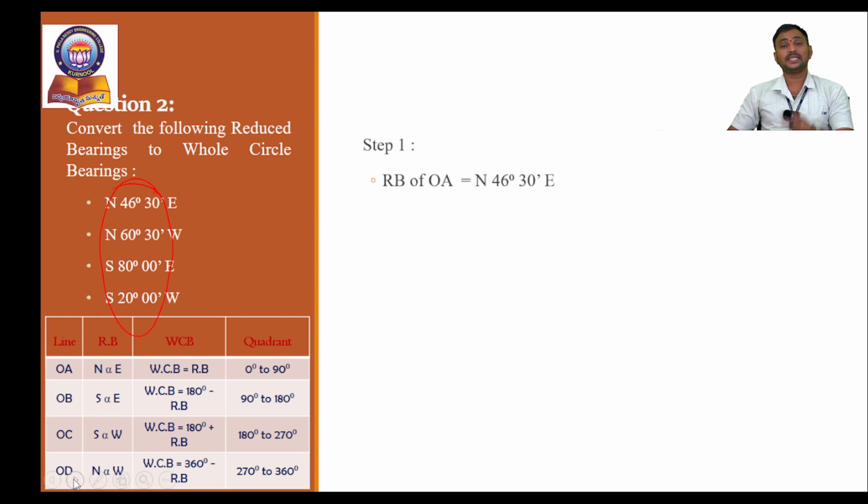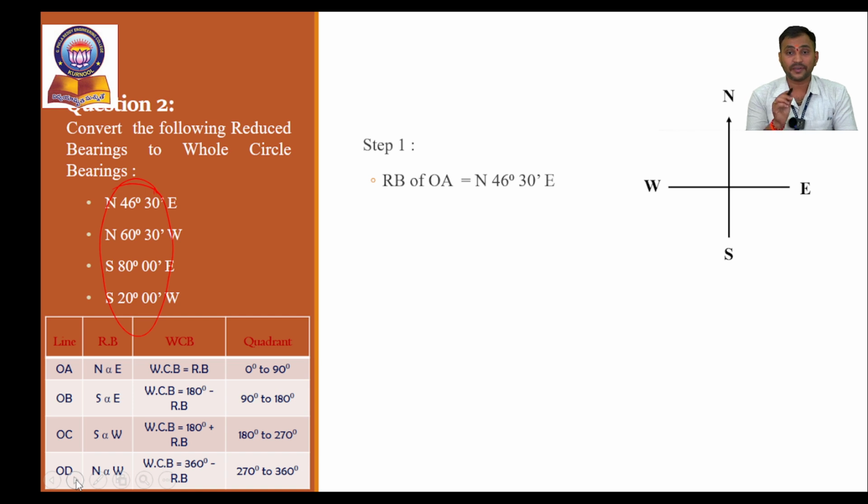Step 1. The given reduced bearing of object line OA is north 46 degrees 30 minutes east. So first draw the direction line diagram: north, east, west, south. Where is the 46? In between the north and east directions. You just draw it like that.